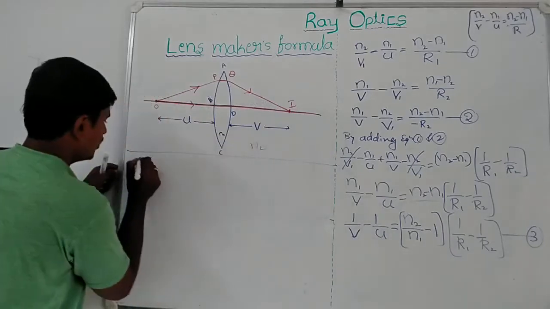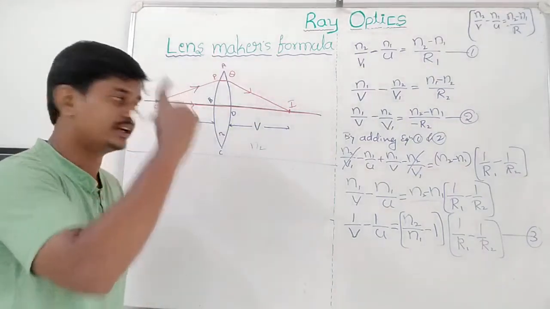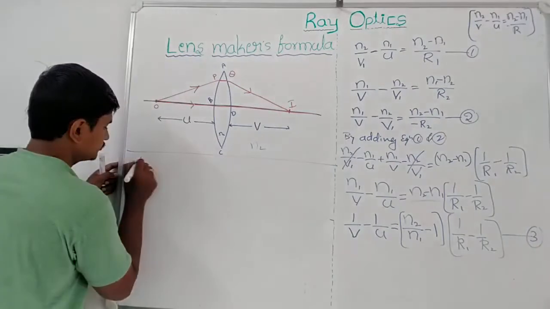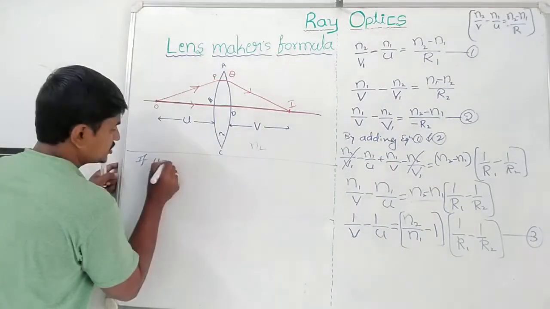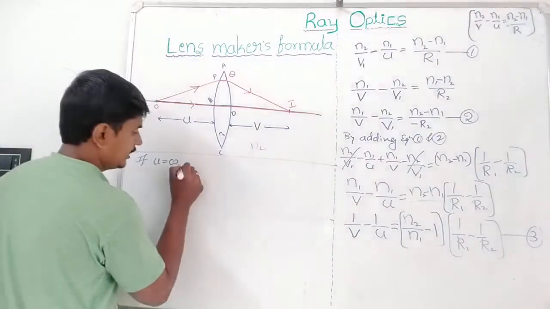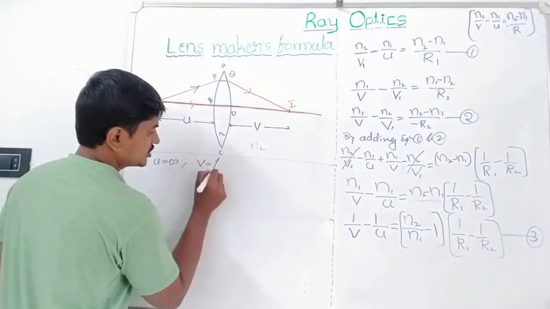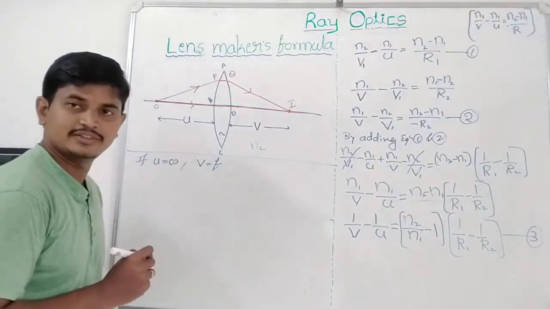Now if the object is at infinity, then object distance is equal to infinity. If object distance is infinity, obviously image distance is equal to focal length.